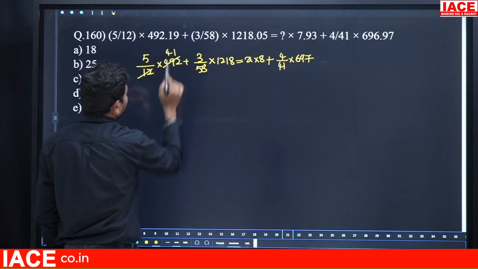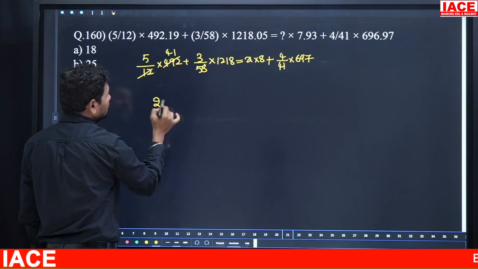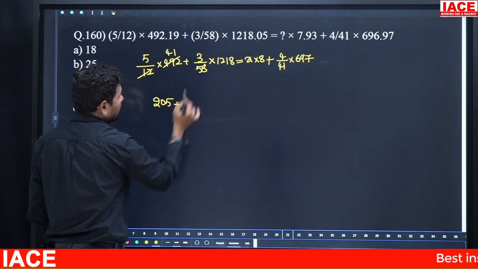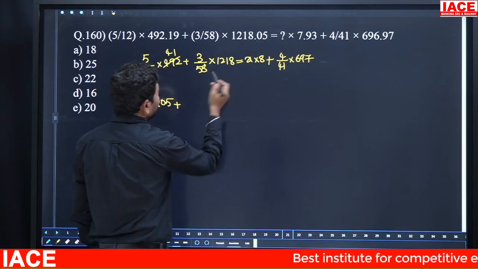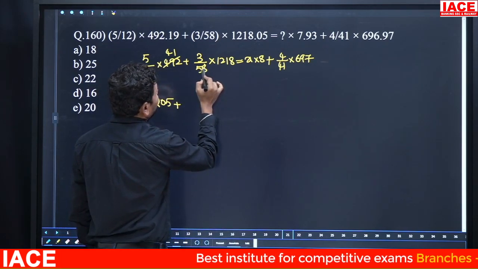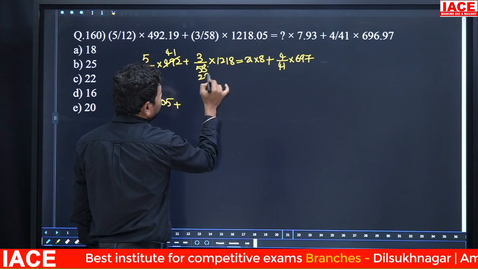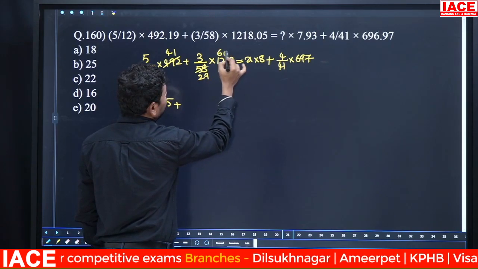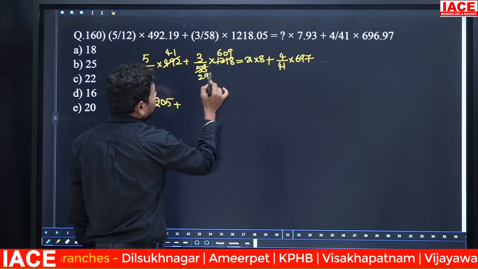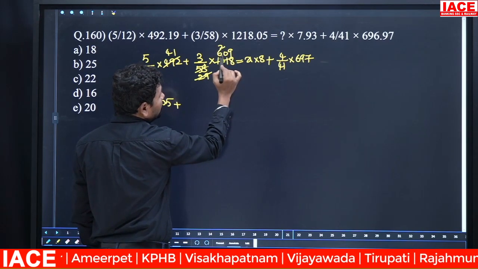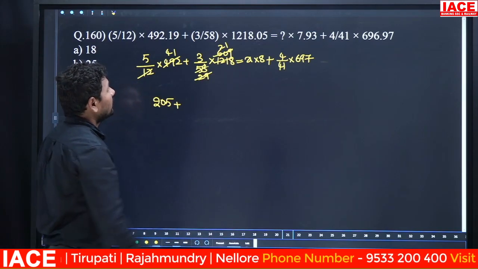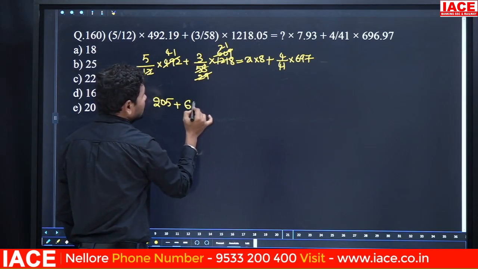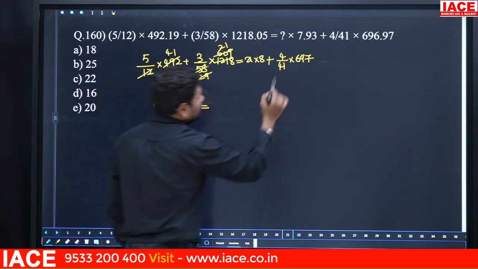Next 5 into 41, 5 40s are 200, it is 205. Plus 3 by 58 into 1218, cancel with 58 or 29. 2 29s are 58, and 29 how many times? 29 2s are 58, and remaining 29 1s are 29. And 21 3s are 63.